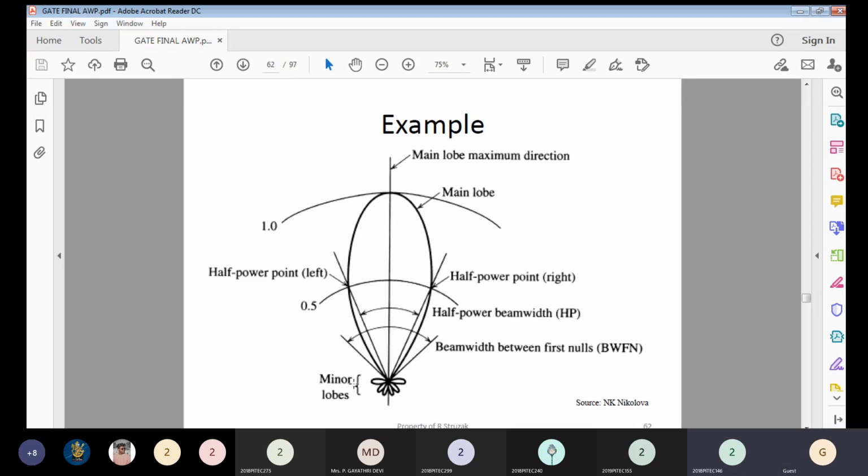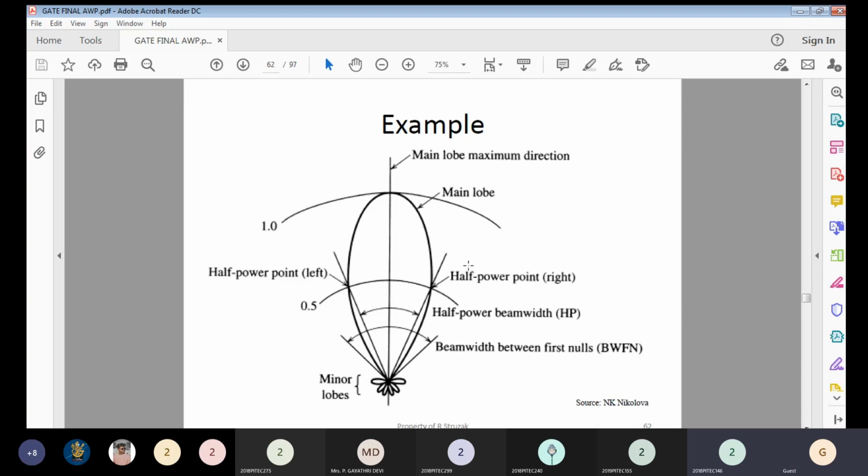The minor lobe is categorized into two types: side lobe and back lobe. The lobe behind the main lobe is the back lobe, and the lobe next to it is the side lobe. These two constitute our minor lobe.